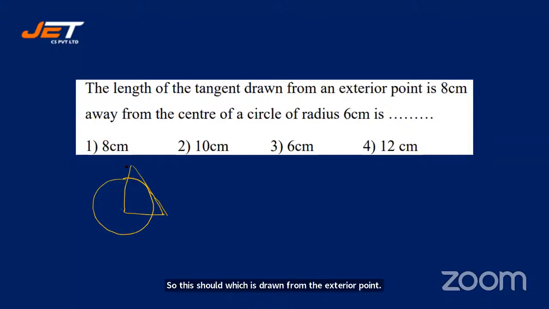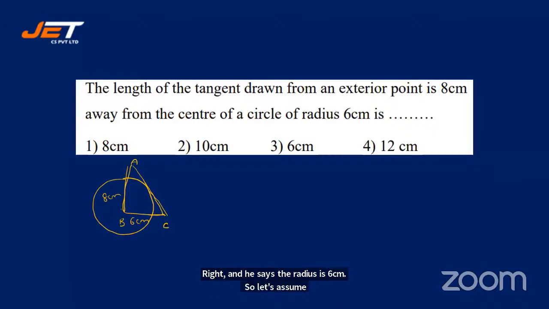All right. So, this is 8 centimeter. Right. And he says the radius is 6 centimeter. So let's assume this to be A, this to be B, this to be C. Right. So using Pythagoras theorem, you can find out the value of this length of the tangent.